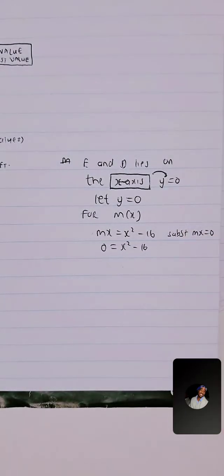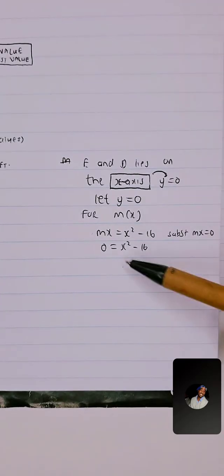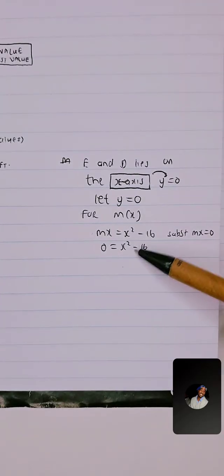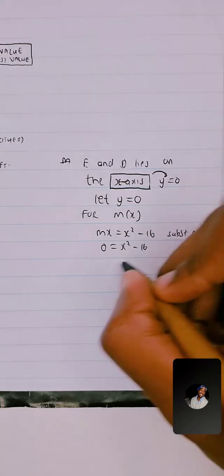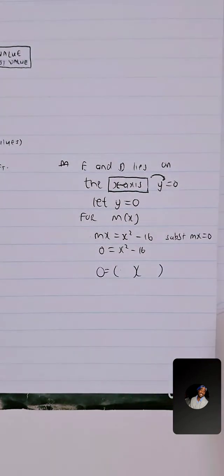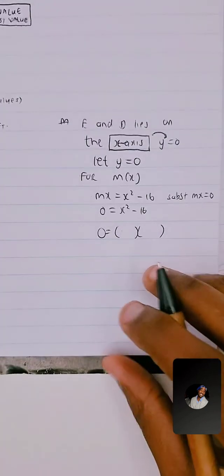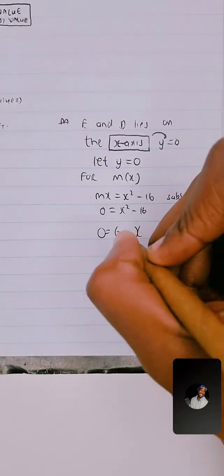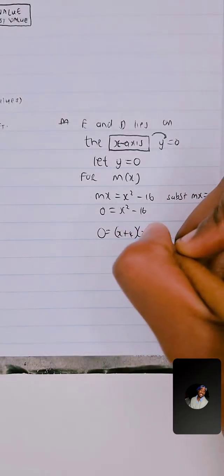This sends us back to quadratic equations. The expression on the right is a difference of squares, so we factorize this. What does it give us? x plus 4 and x minus 4.